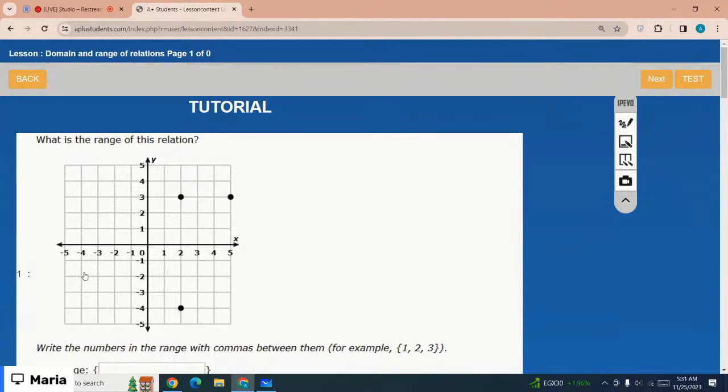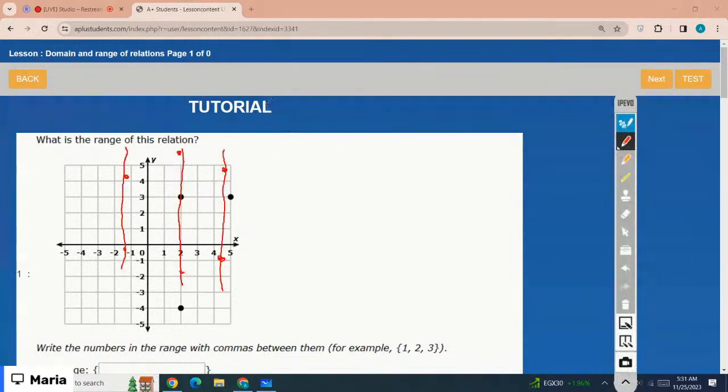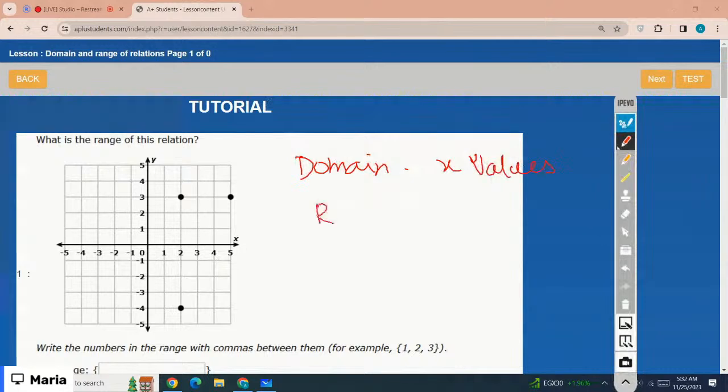The easiest definition of the domain and range: domain is all the x values of a function, and range is all the y values of a function. X is the independent variable, right? And y is the dependent variable.